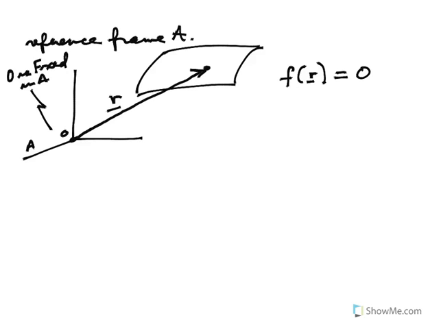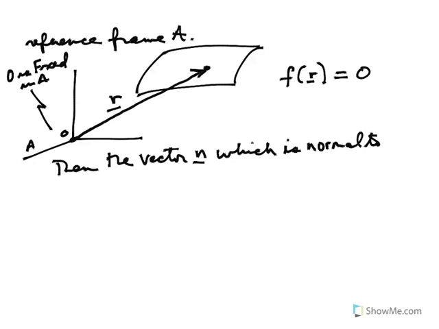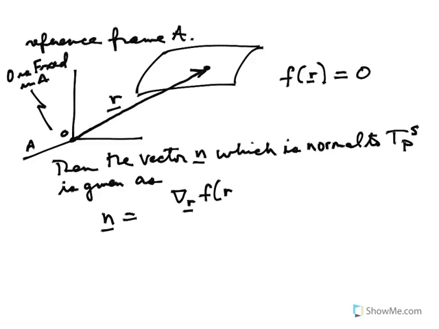Now, given that I have that setup, the vector n, which is normal to the surface S, is given as n is equal to the gradient with respect to r of f of r, all divided by the magnitude of the gradient with respect to r of f of r.